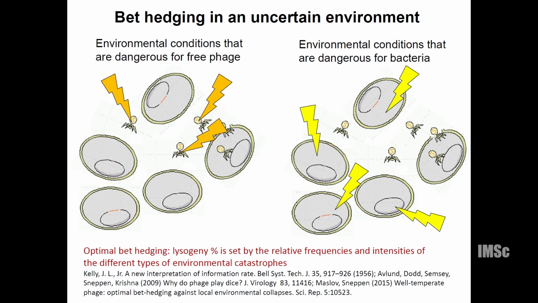You are going to have some amount in this state and some amount in that state, so that whatever environmental condition happens, some of you will survive and can reproduce and rescue the whole population eventually. In this case, the lysogeny percentage would be set by the relative frequency with which you get these two kinds of environmental catastrophes, where either bacteria would die or viruses would die. That would set this 5 to 15%.